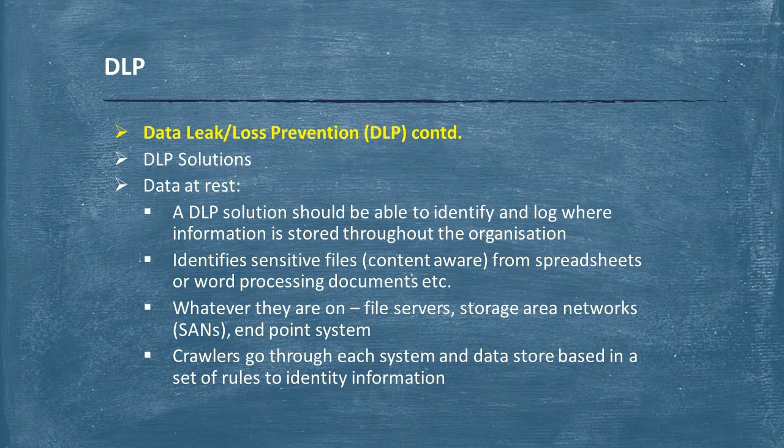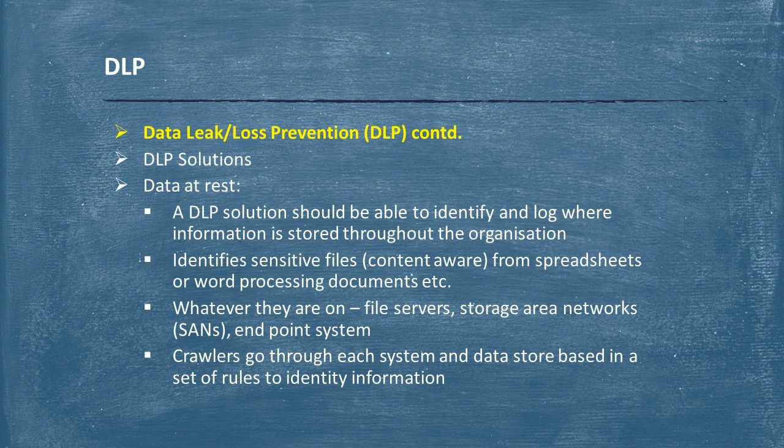Crawlers go through each system and data store based on a set of rules to identify the information. A crawler is an application, an agent which runs in the background. Wherever data is stored, it goes through it one by one as per the set of rules.